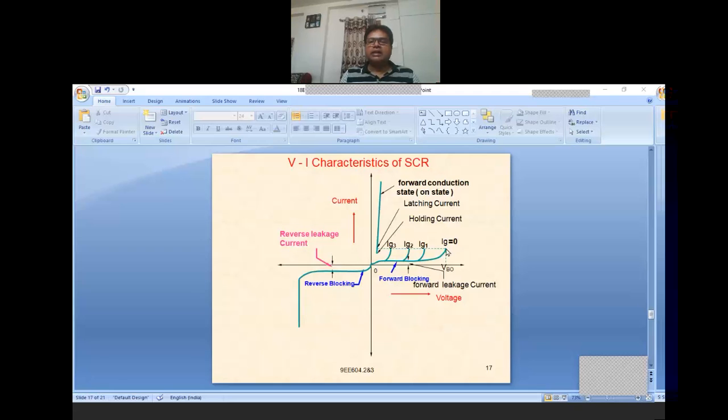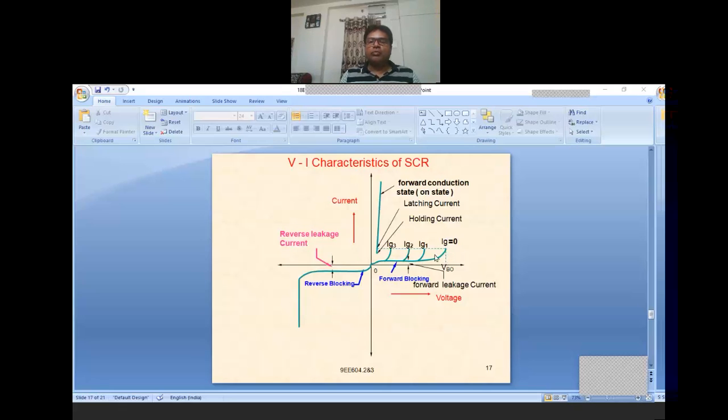a high increase in current and rapid decrease of voltage drop across the SCR. As we have already seen in the forward blocking region, the total applied voltage appears across the SCR terminals and it is blocking the total voltage, or you can say that total voltage is dropped across it.